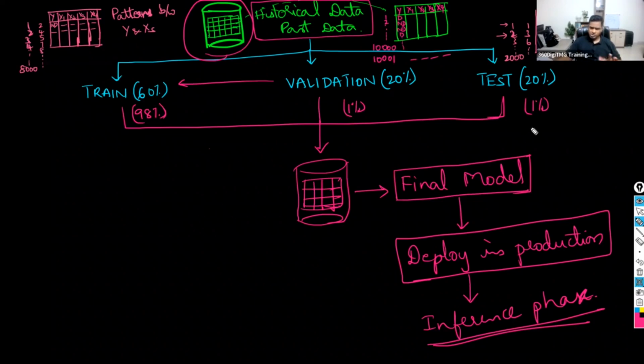A thumb rule means something which is not universally accepted, but most people go with this rule. If you have, say, 10,000, 20,000, 30,000 rows, again, there's no defined rule as such, then people split the data set in the ratio of 60%, 20%, and 20%. 60% training, 20% validation, and 20% test.